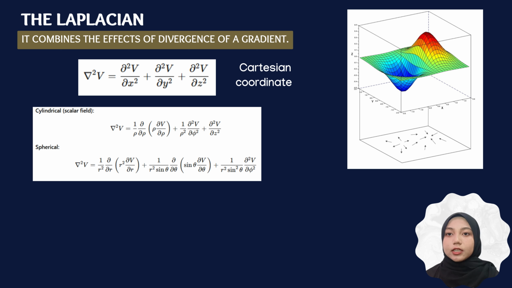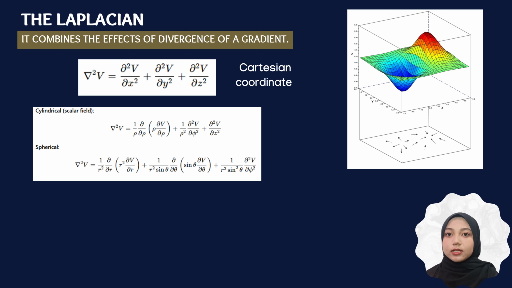However, in cylindrical and spherical coordinates, the Laplacian takes different forms to suit problems with specific symmetries. For example, in cylindrical coordinates, it involves derivatives with respect to rho, phi, and z, while in spherical coordinates, it includes derivatives in r, theta, and phi.